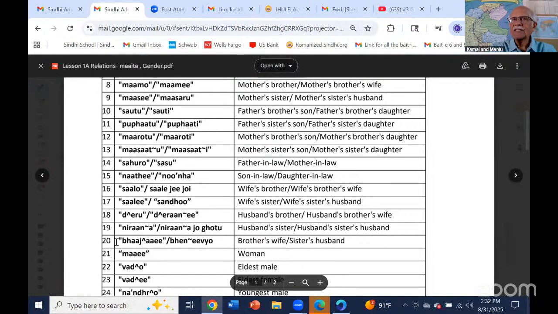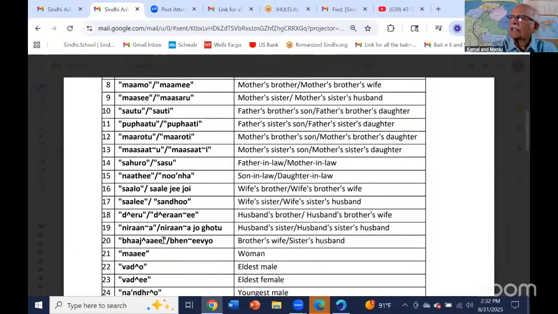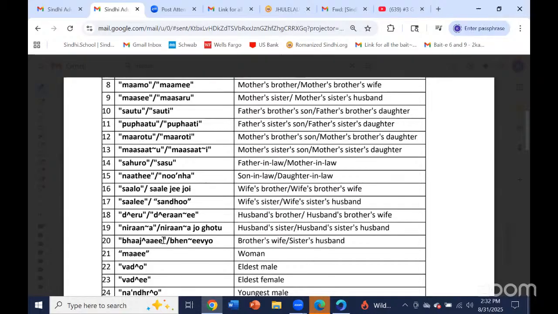Then if you have a brother and your brother is married, that brother's wife is called bhajai. Anybody has a brother, and is he married? Yes.